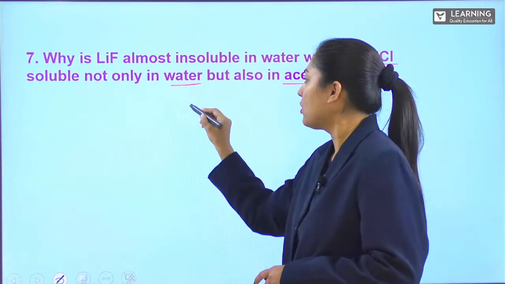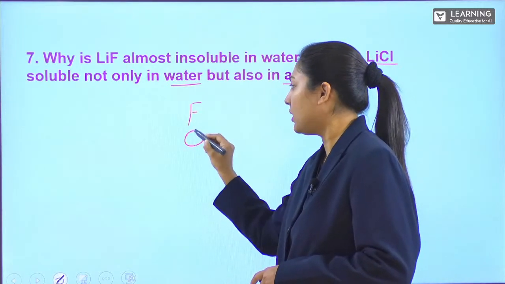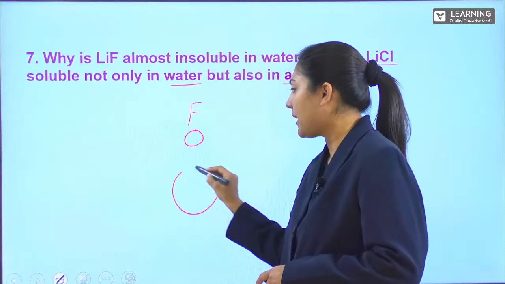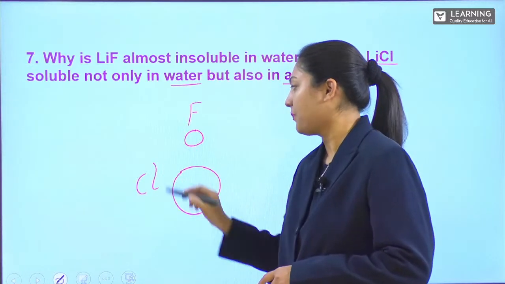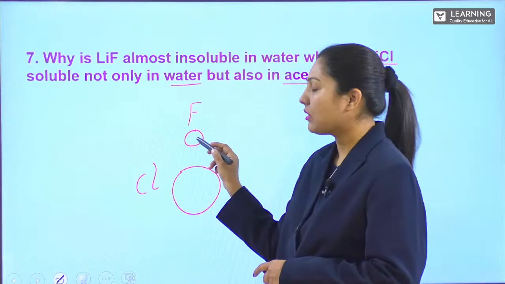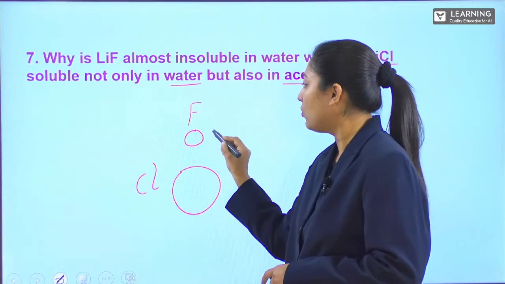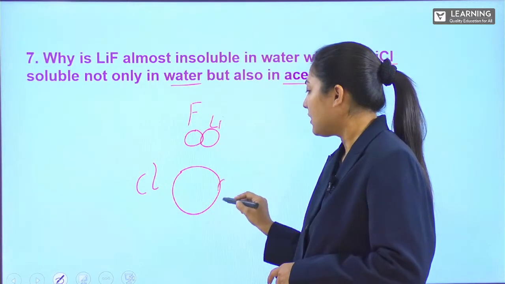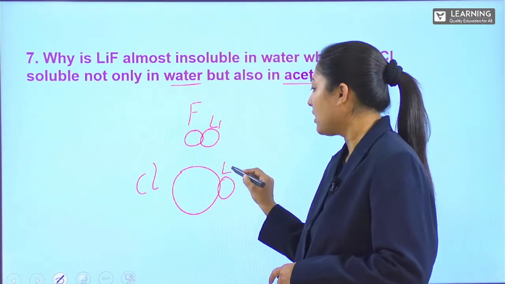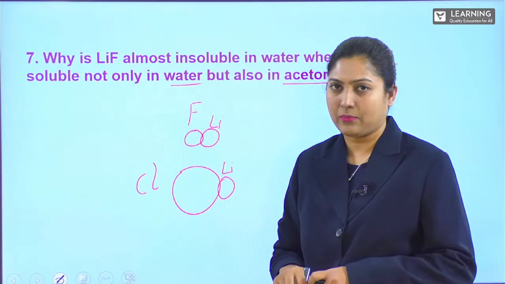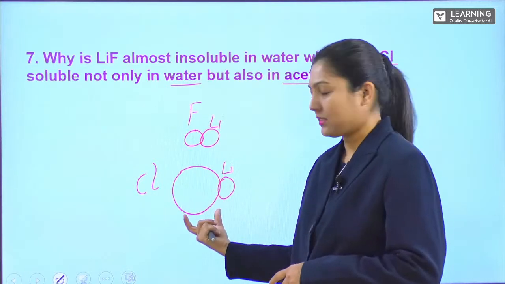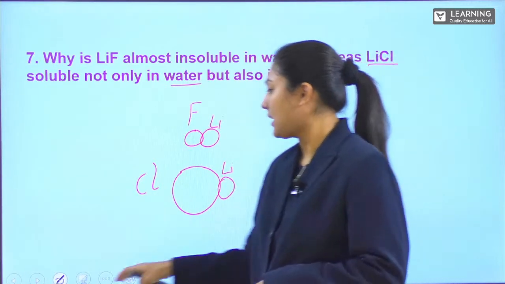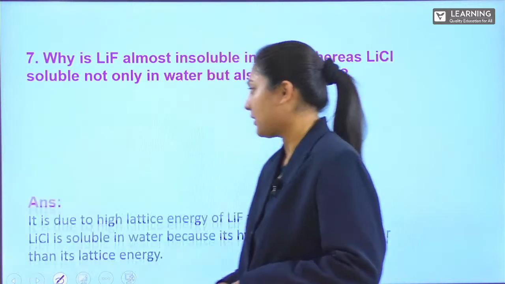So what happens? Fluorine has a smaller size, whereas chlorine has a larger size. Fluorine, being smaller, forms a covalent bond with lithium, whereas chlorine forms an ionic bond with lithium. So the size matters here, right? Due to that size, we have these differences.